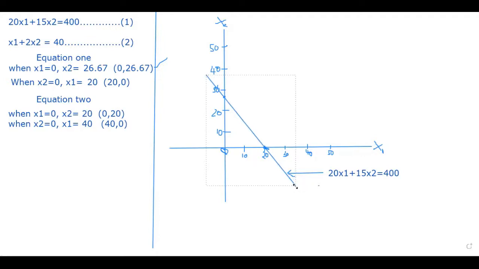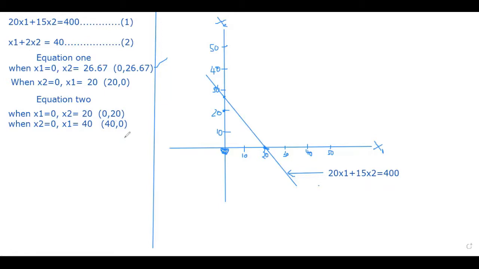So let's move on to that of equation 2. When x1 is 0, x2 is what? 20. So x1 is 0, 0 is here, right? x2 is 20, so it will be on this 20 here on the x2 axis.